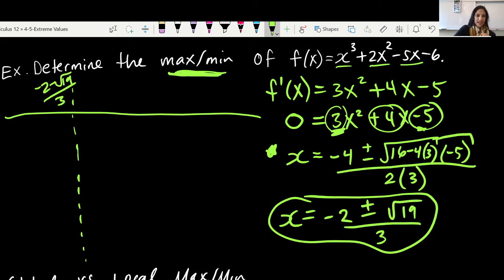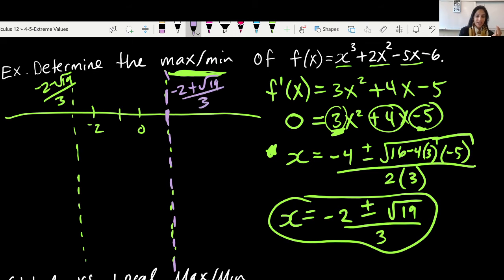That's really close to this negative 2 and negative 1, and I could say 0 is there. And then I could draw another one here to find the positive version of this. I've been lazy with the color coding, so let me do that here to make this easier. So let's say this is my negative 2 plus root 19 over 3.